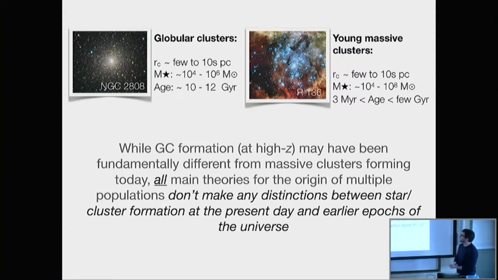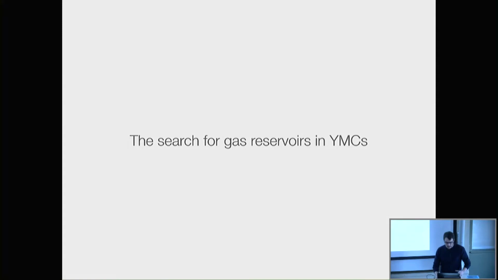So I was saying that they don't make any distinction between star formation and cluster formation at high redshift compared to what is going on in the local universe. So in principle, we can use what we see today to constrain the formation of globular clusters. I'm going to go through the evidence we have found when we look for gas reservoirs in young massive clusters.